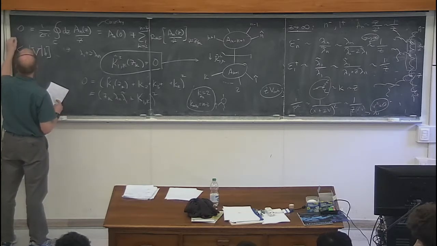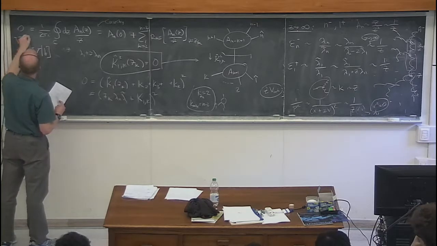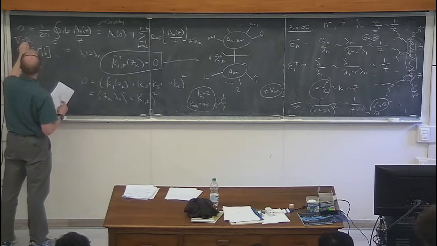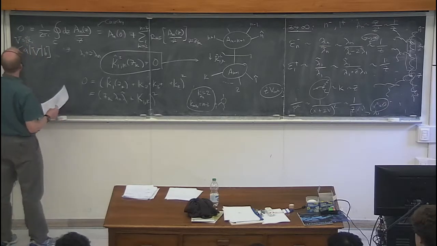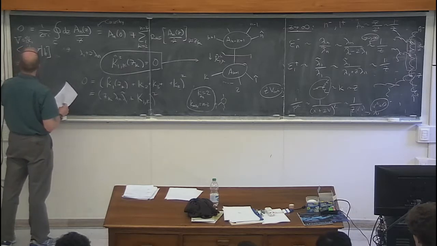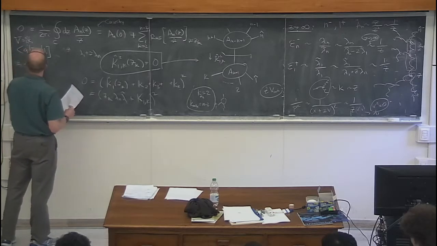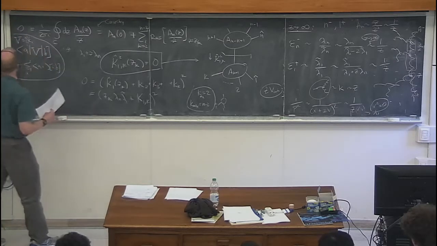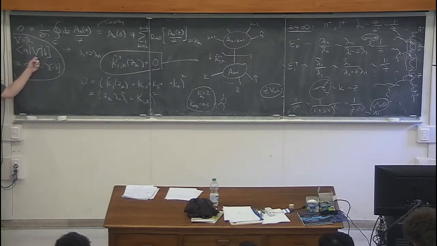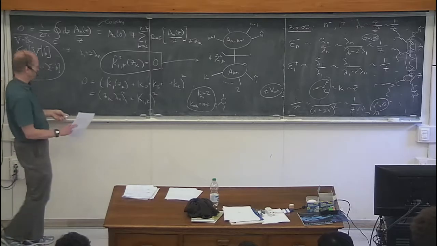Suppose V is the sum of some K's, any collection, we can write AVB as the sum over I of AI IB. It's just the shorthand for wedging a vector between two spinors when the vector is a sum of massless vectors.